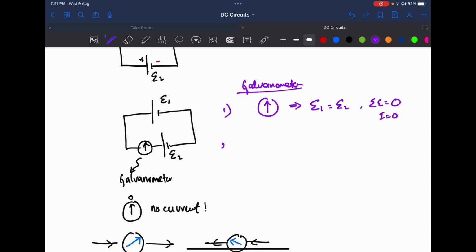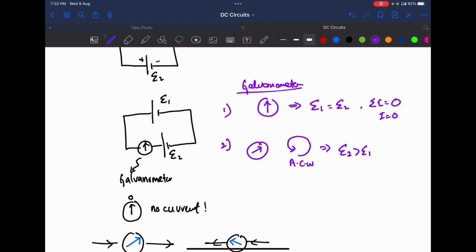Number 2, if you see the galvanometer moving this way, that means the current is moving in this direction, the anti-clockwise direction. So this means that the EMF E2 is bigger than EMF E1.